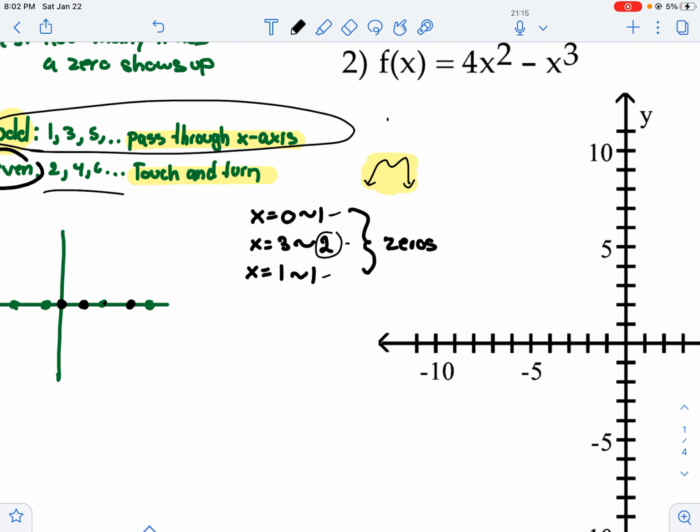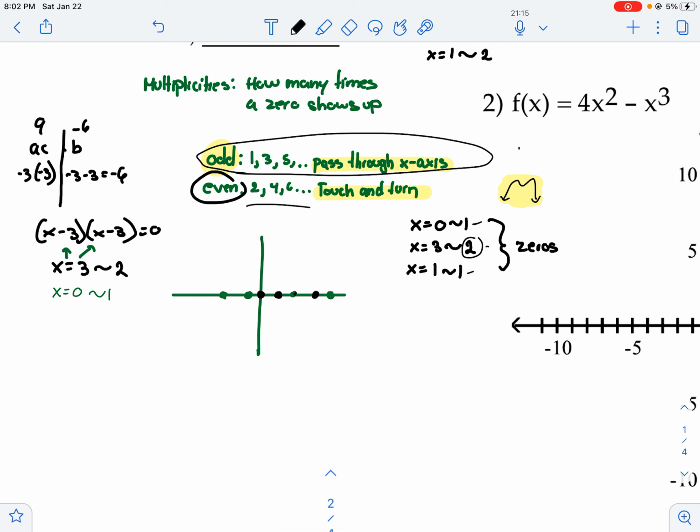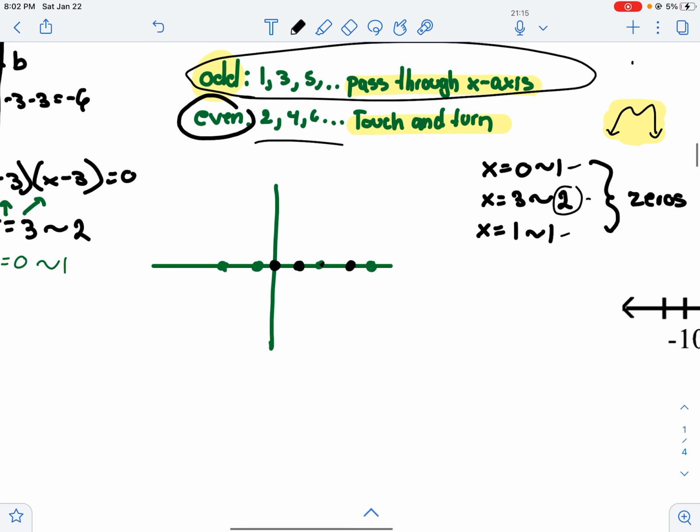That's your blueprint, and this is why you need your blueprint. You need to know if your line is going to go from here and go through, or from here and go through, whether it's going to start from the bottom or the top. So if you know that it falls left and falls right, that means we're going to have to start from the bottom. You got me? Again, you can always rewind. That's why I kind of like the idea of videos, because you can rewind me. So anyways, let's go through.